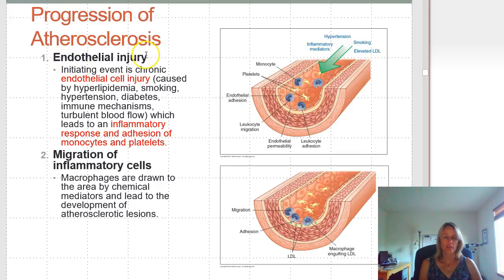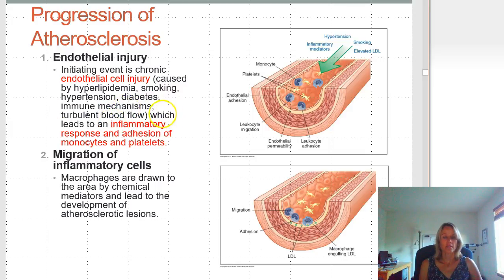So it starts with endothelial injury, and that is caused by high blood lipids, smoking, high blood pressure, diabetes mellitus, various immune mechanisms, and turbulent blood flow.